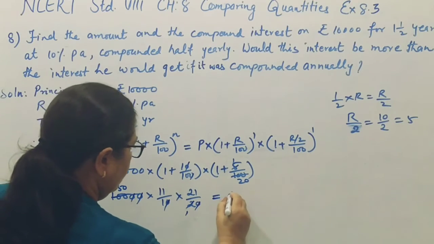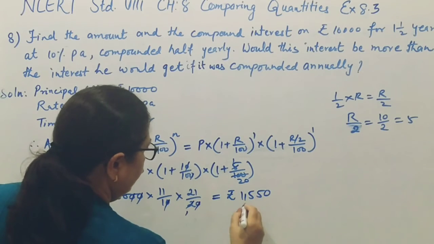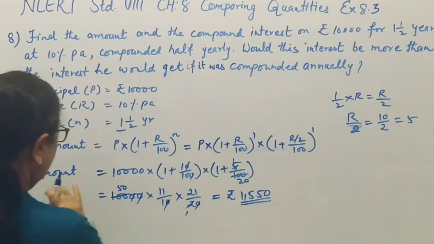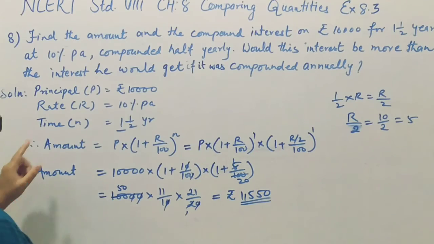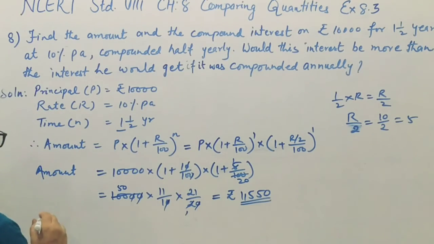So we will get rupees 11,550 as amount after 1.5 year when it is compounded annually.